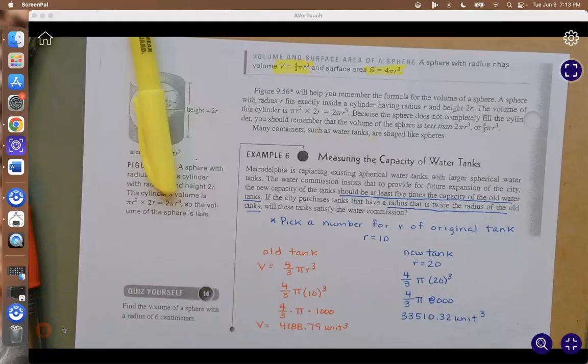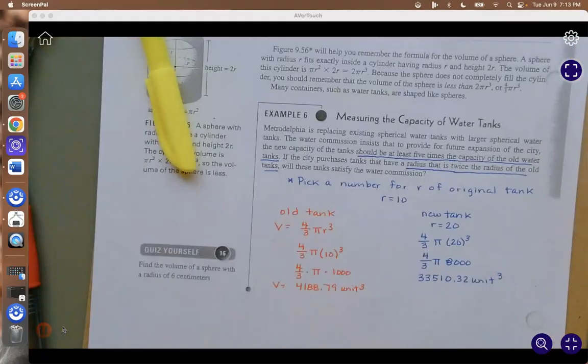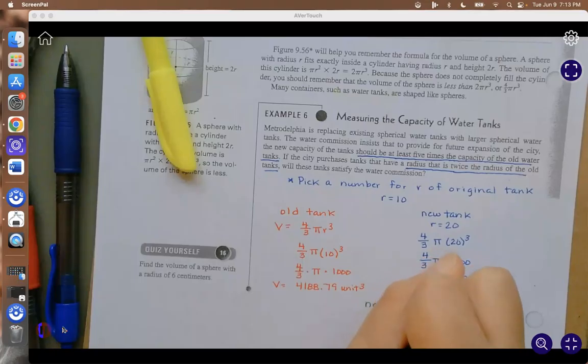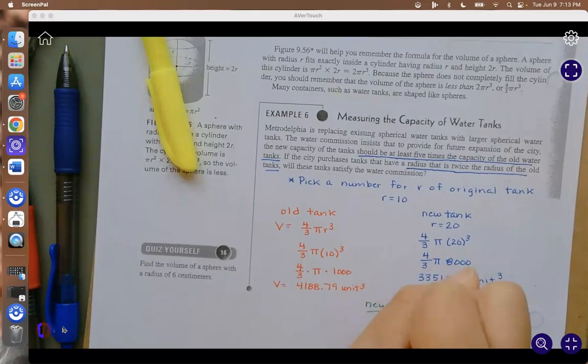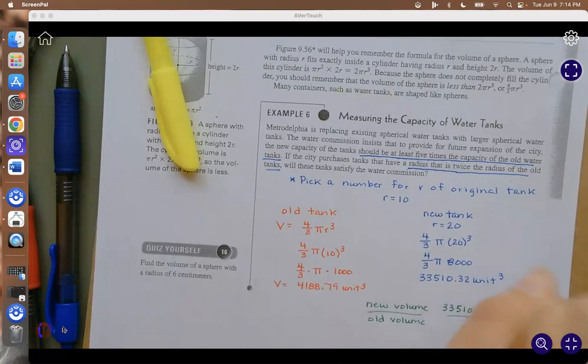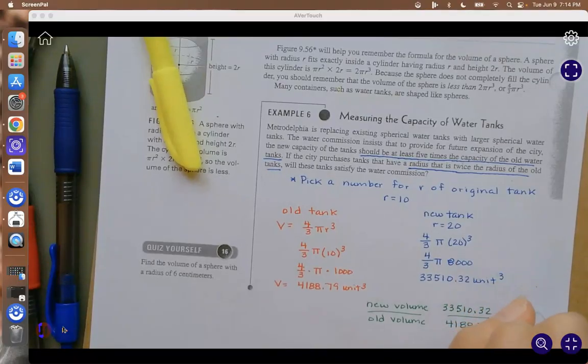Now, I need to know if this is 5 times as much, so what do I do? I divide. So what I'm going to do here is take the new volume and divide it by the old volume. And I need it to be at least 5 times more. So 33,510.32 divided by 4188.79. When I divide that, it gives me 8 and change.